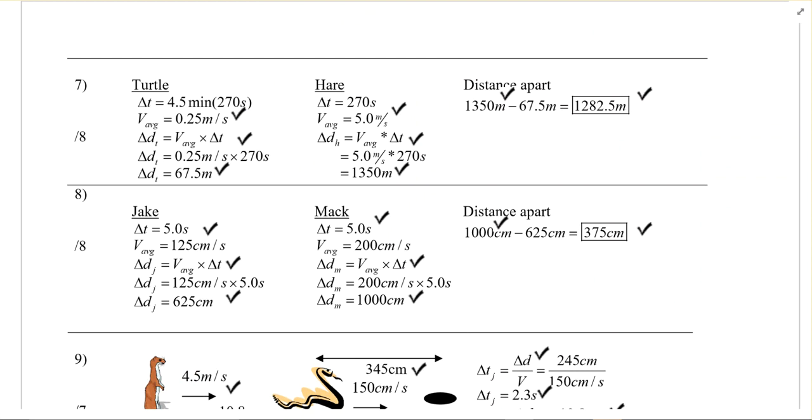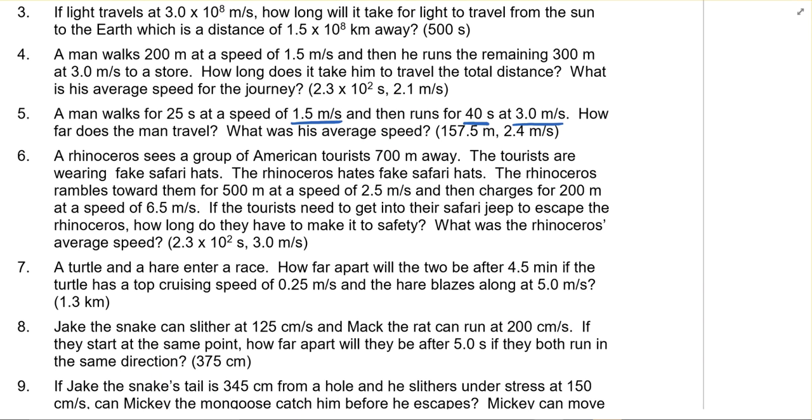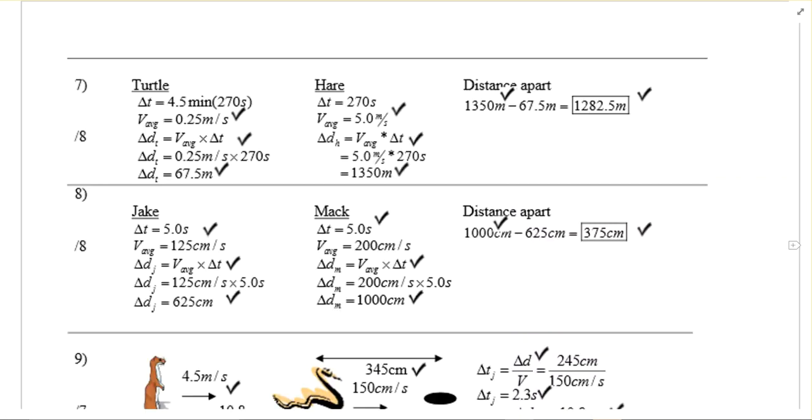Okay, the turtle and hare one, number 7. The turtle and hare are in a race. The turtle doesn't go very fast, the hare does go fast, and they both run for the same amount of time. In that one, we start off with 4.5 minutes, and we need to change that to seconds because our velocity is in meters per second.